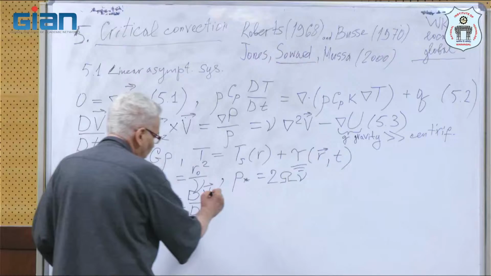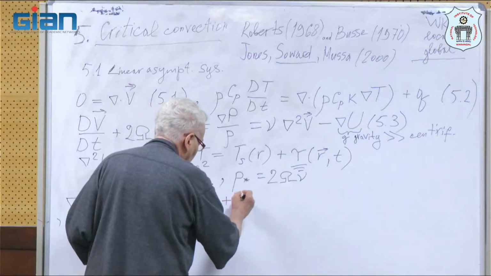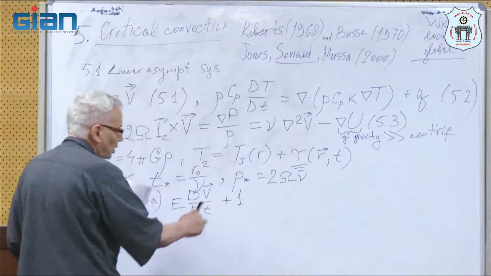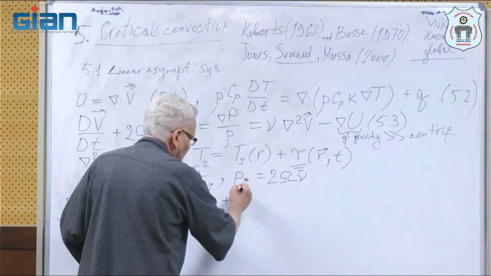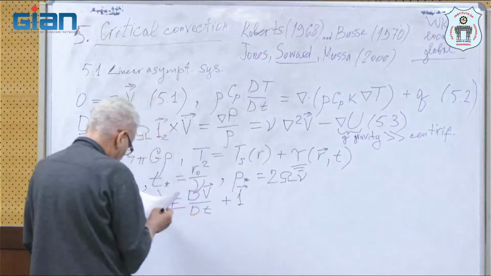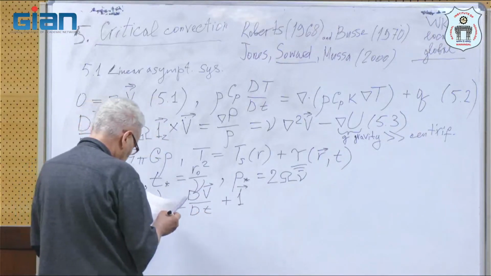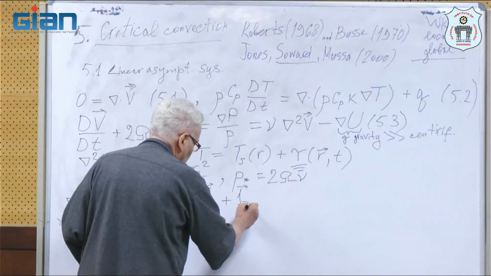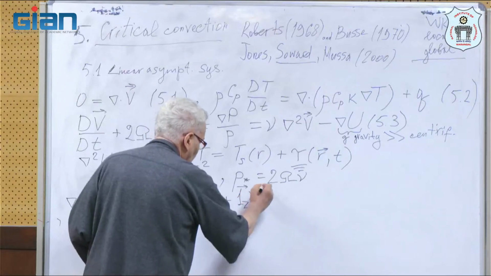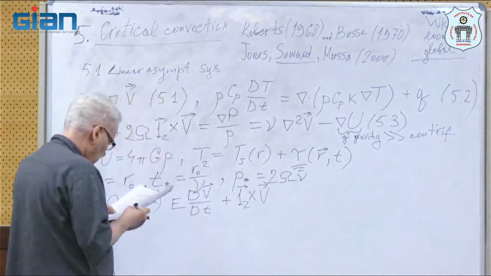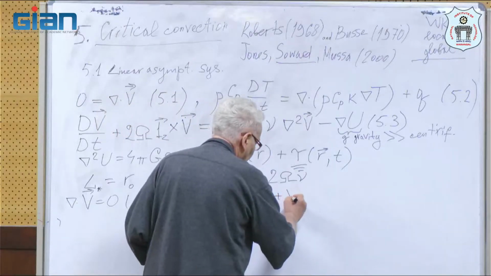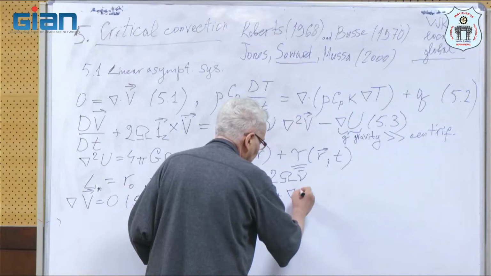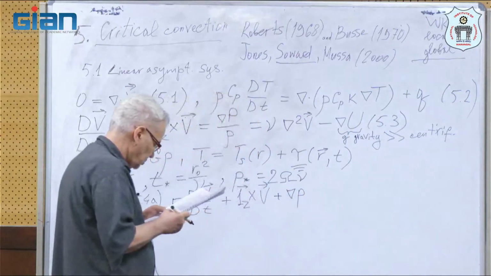There is, of course, the Coriolis term. And because we scaled out omega from here, the equation has a rather simple form. And of course there is the pressure, again the modified pressure, actually pressure divided by the density.